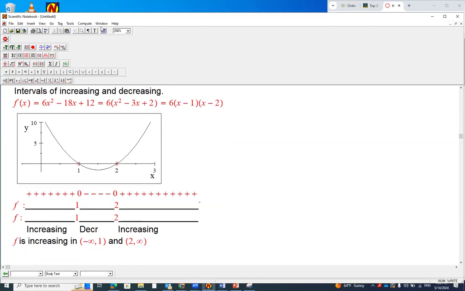And you're also going to say F is decreasing in the interval between 1 and 2.